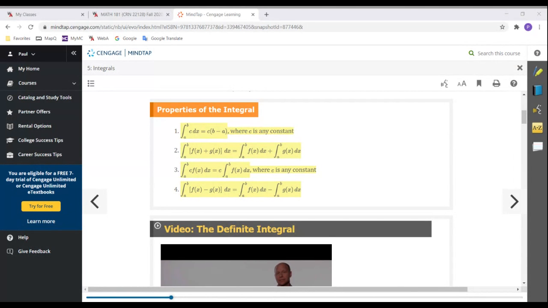Property 1, 2, 3, or 4? Good, Kelvin. Good, Ian. We're using the second property. The second property says the integral of a sum is the sum of the integrals. Well, it would follow that if you had the integral of the sum of three functions, that would be the sum of three integrals. So we're going to use property 2.